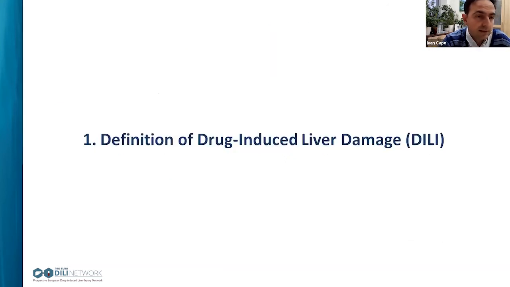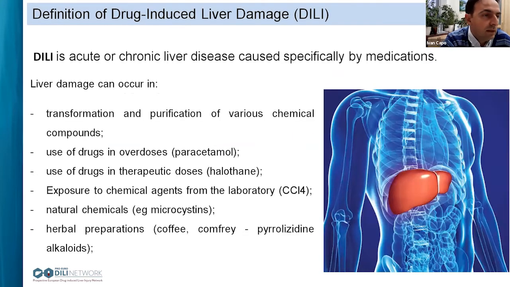First of all, does anybody know what DILI is? It represents an acute or chronic liver disease caused by some medication, and it's well known that the liver is the biggest gland in our body, where we have the transformation and purification of a lot of chemicals.